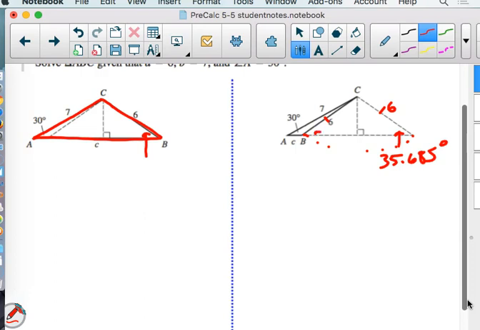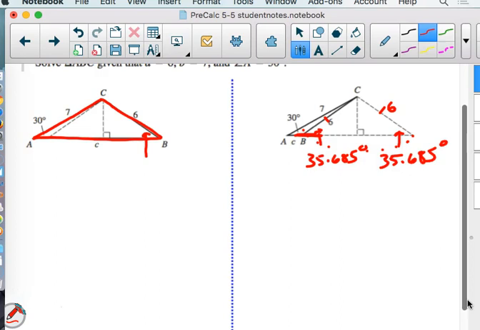So this angle is also 35.685 degrees. Still not an angle in our triangle, but with some very easy math, we can now figure out what the measure of angle B is, because this is a straight line. And every straight line is 180 degrees. So if we know this one is 35.685 right here, well, we'll just subtract from 180 and we'll be able to get that one.